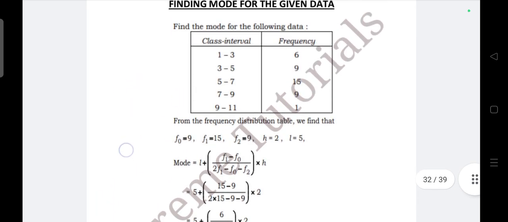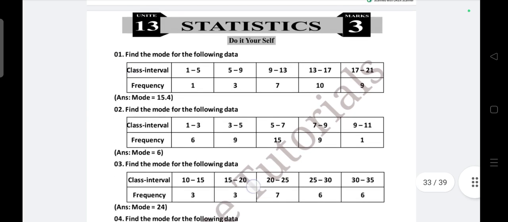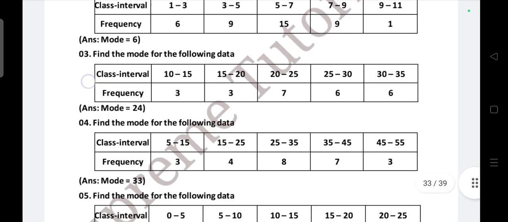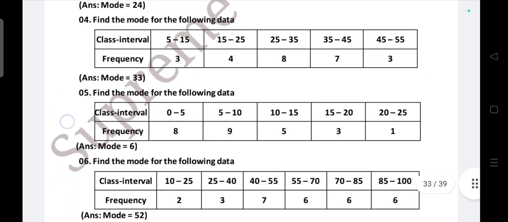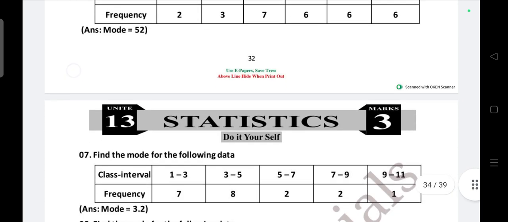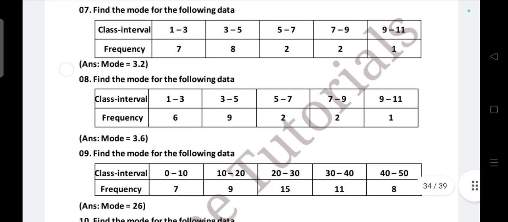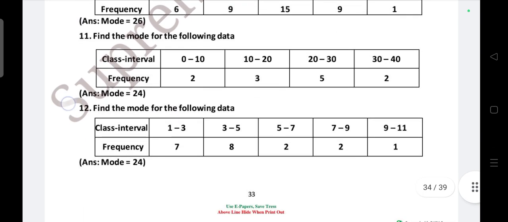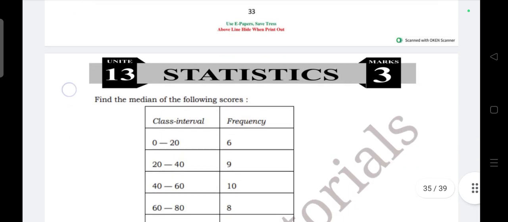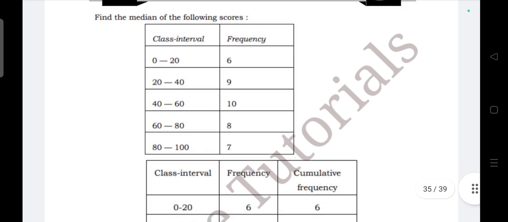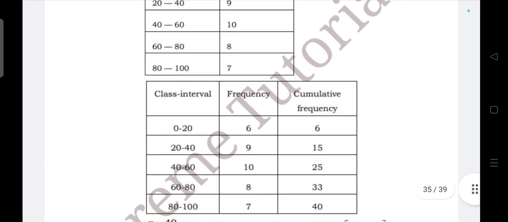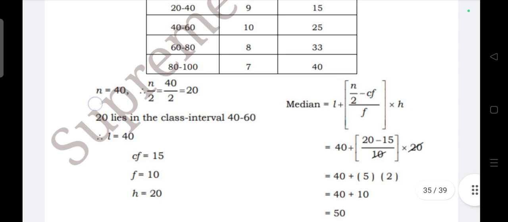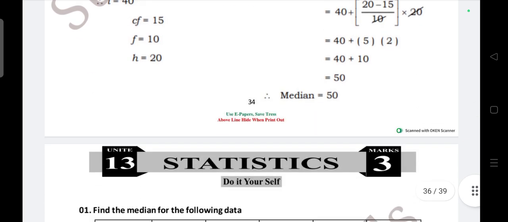One is solved for you and these are your practice questions. I'm not explaining all because the video is already long. Then find the median. One is solved for you, how to solve the median. This is one and this is for your practice.